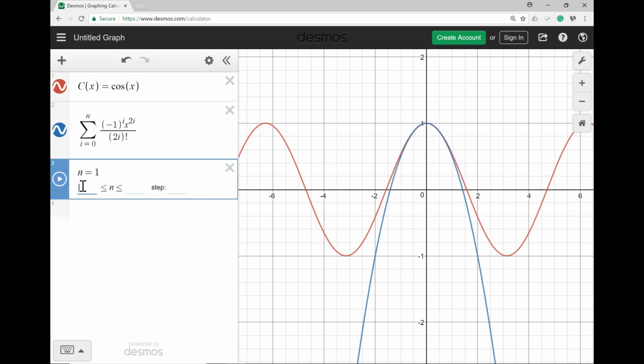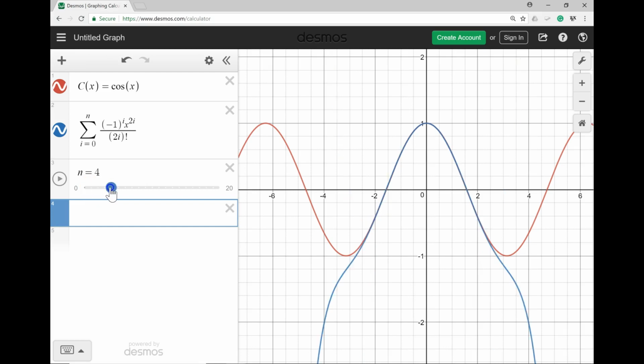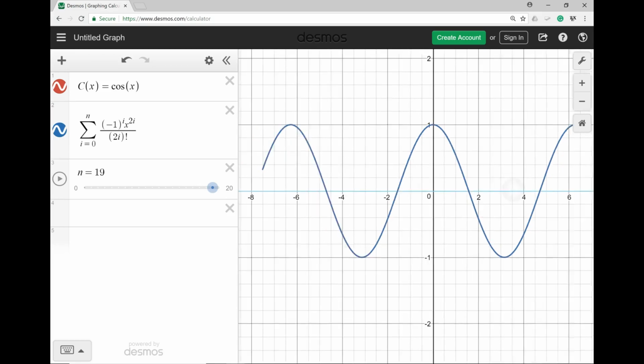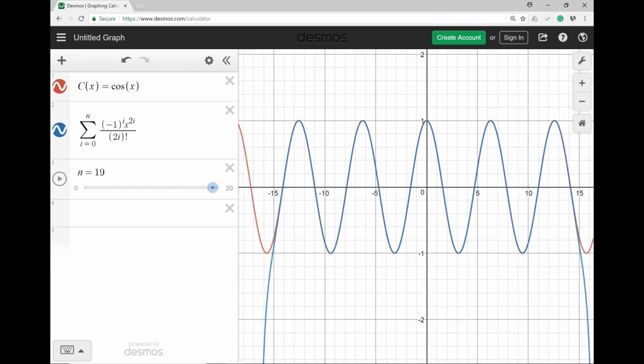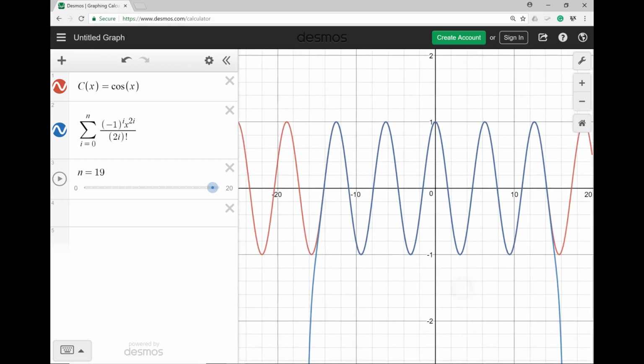Okay, so again, adjusting the slider, we'll go from 0 to, let's just do 20. That sounds good. Notice that as we increase the partial sum for the power series, we nicely get this kind of stitching happening, where it's wrapping itself around that cosine function.